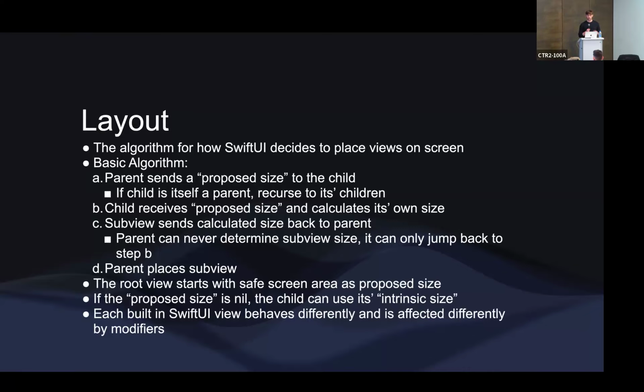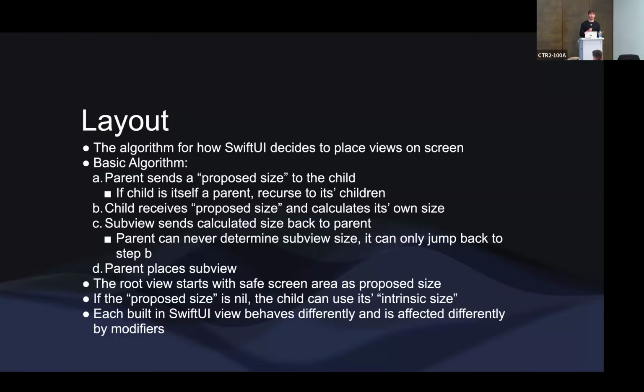What's important to know is that parents can never determine a subview's size. A parent can only repropose a size. So if a parent proposes a size to a child, the child calculates the size it needs and sends that back to the parent, and the parent doesn't like that, all it can do is repropose a new size to the child. In SwiftUI, all of our built-in views behave differently, and they can actually change their behavior based on the modifiers applied to them.